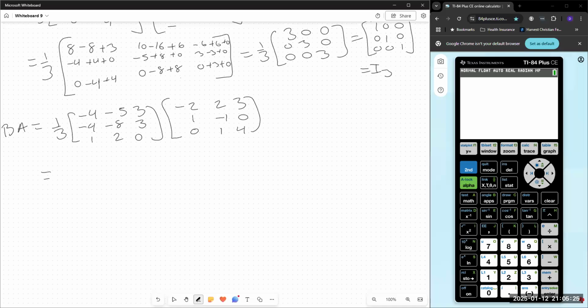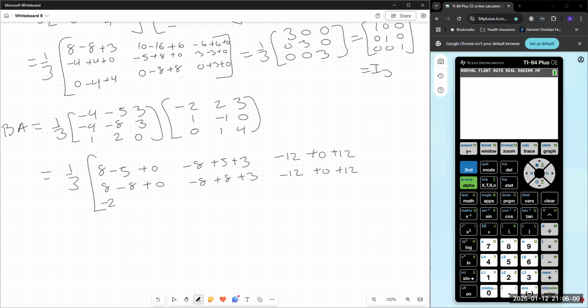It's going to be equal to 1/3 times 8 minus 5 plus 0, negative 8 plus 5 plus 3, negative 12 plus 0 plus 12, 8 minus 8 plus 0, negative 8 plus 8 plus 3, negative 12 plus 0 plus 12, negative 2 plus 2 plus 0, 2 minus 2 plus 0, 3 plus 0 plus 0.